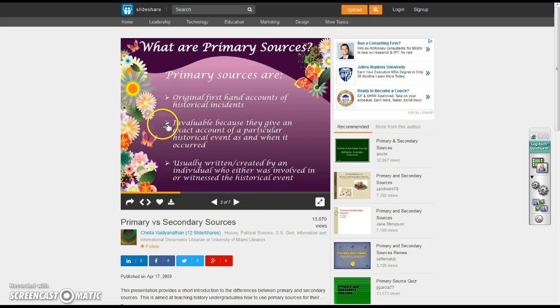Take a second to read through the information that it provides. And so right off the bat, again, we see that it has the extraneous graphics. Again, no connection at all to any type of primary source here with the flowers and butterflies.